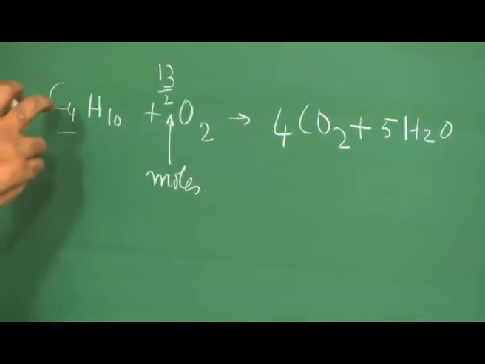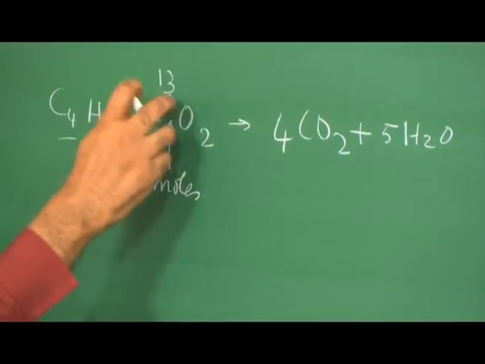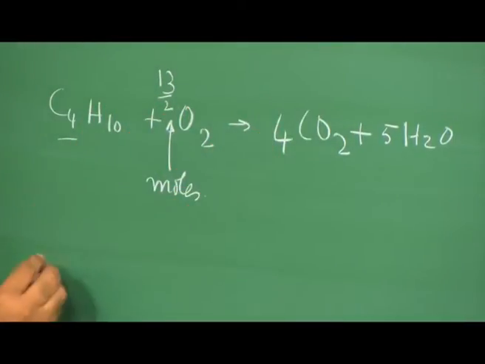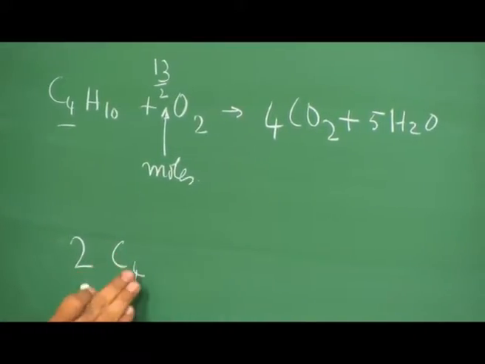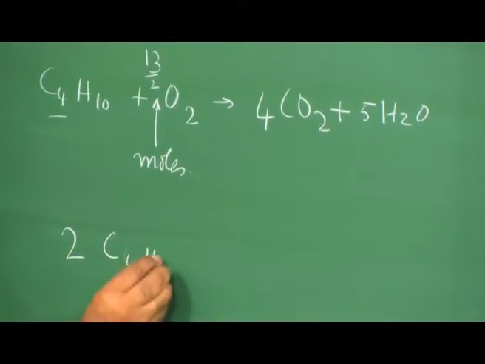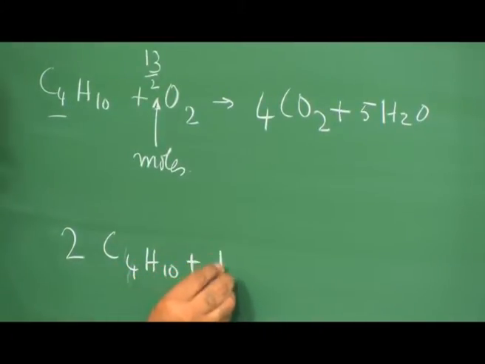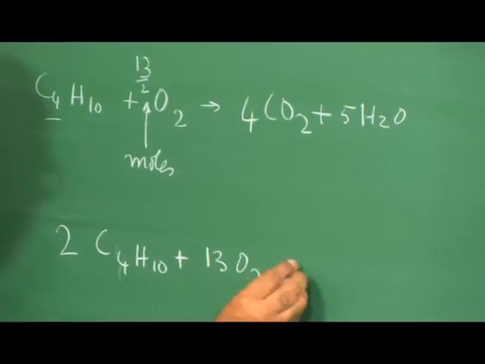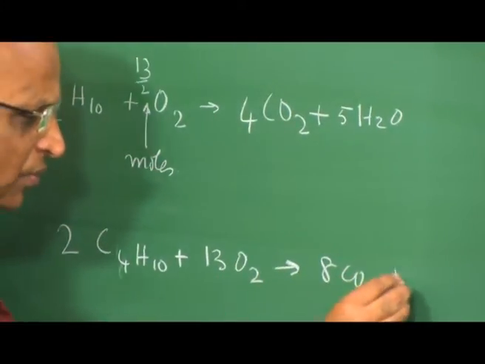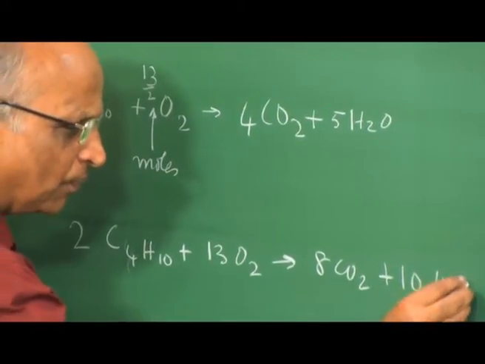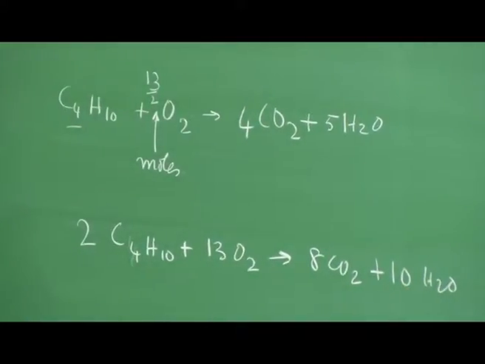In other words, the reaction should have been C4H10 plus 13 by 2 O2 gives me this, which I can also write by multiplying by 2: 2 moles of butane C4H10 plus 13 moles of oxygen, which give me 8 moles of carbon dioxide plus 10 moles of water. Now, I need to determine what the energy is.